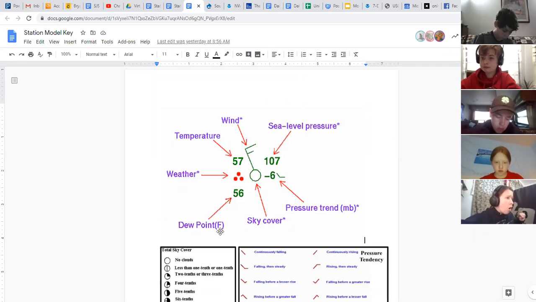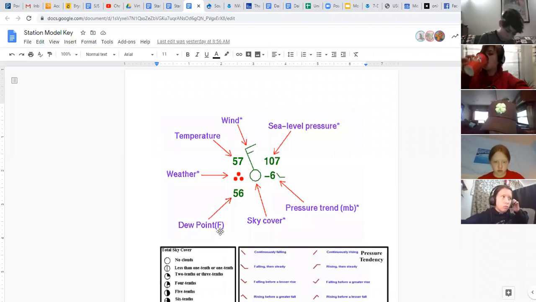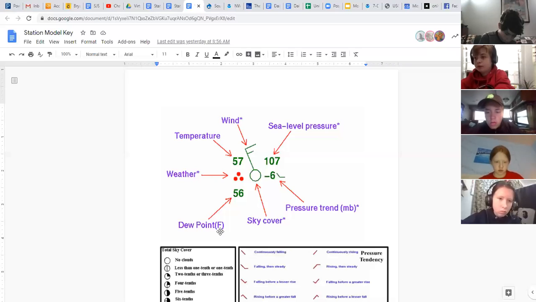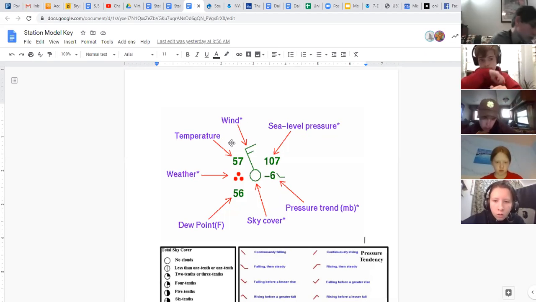So right off the bat, temperature and dew point, it's a little frustrating to see. Maybe only a handful of us, 3 or 4 of us, actually type our answers with units Fahrenheit. You could use Celsius, but just know that 100 degrees Celsius is boiling. So unless our numbers are really, really low, they're likely going to be in degrees Fahrenheit.